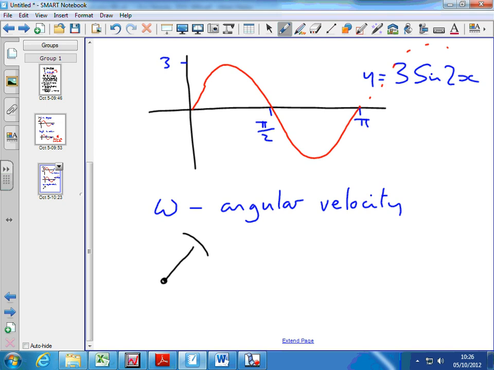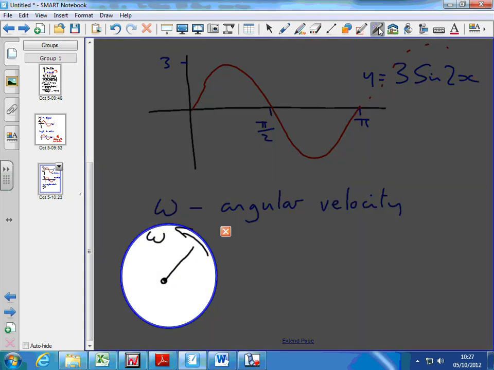And here it is. So it might be rotating. We generally talk about things rotating anti-clockwise. So it's rotating with an angular velocity, omega. And that's giving you an idea of the rate at which it's going round. So if you imagine this sweeping out, then it's going at a particular rate round in this circle.